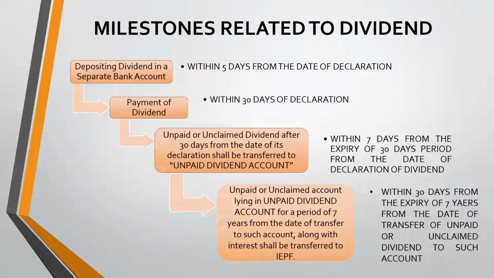Now, there are certain things that the company must do before transferring the dividend amount to such fund. First, the company shall send individual notices to every concerned shareholder that their dividend is unclaimed or unpaid, and this notice must be sent at least 3 months in advance.